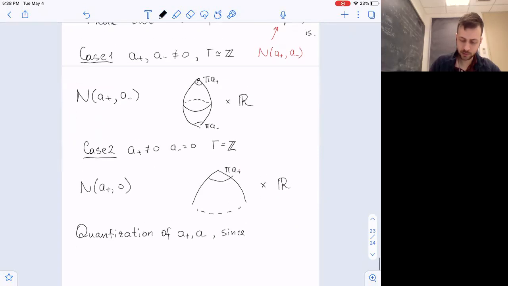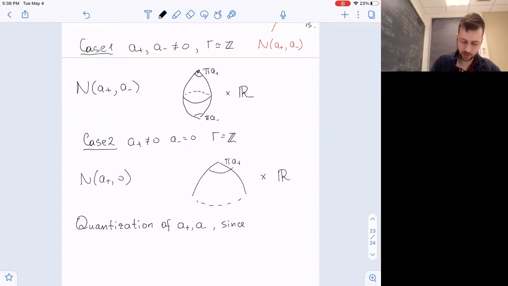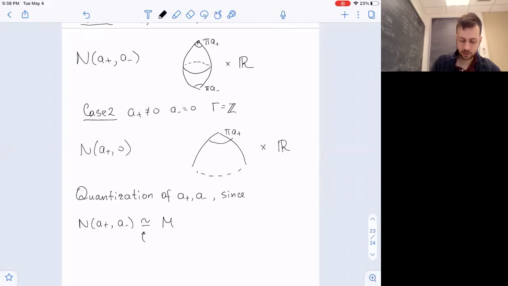Since if you think about it, N A plus A minus, as a manifold with conical metric, must be isomorphic to the quotient of M modulo S1.